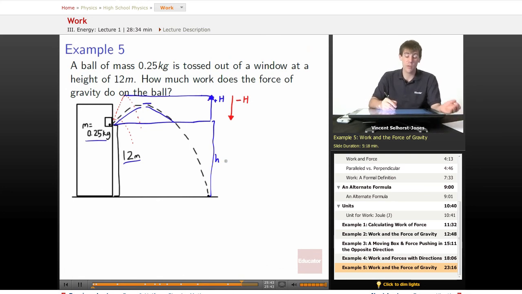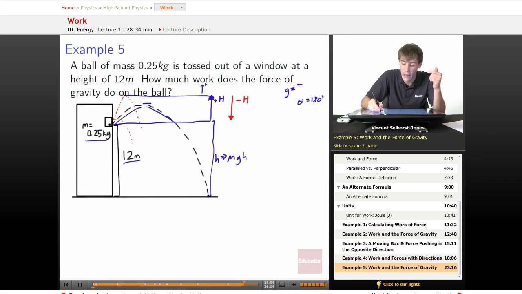We already know that the amount of work done over the little h is going to be mgh, right? Well, what about the amount of work done over the capital H? This one, g, is negative, right? g is a negative number, yeah? So going up by H, they're actually going to have an angle theta equals 180 degrees.